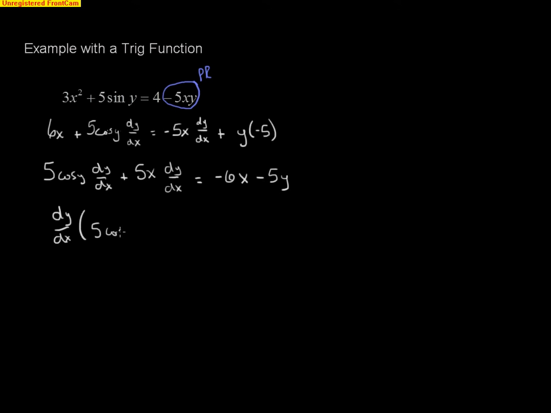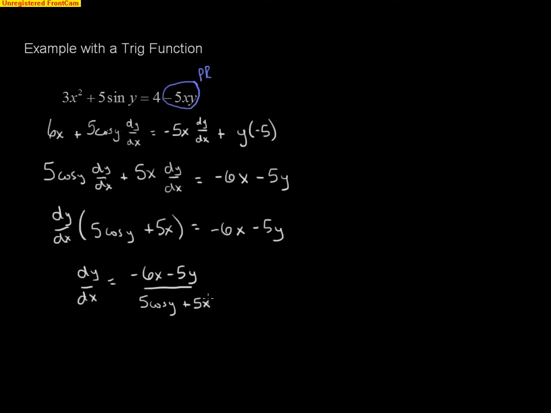Got 5 cosine y plus 5x equals negative 6x minus 5y. dy/dx is equal to negative 6x minus 5y all over 5 cosine y plus 5x. So there's your derivative there that has a trig function and a product rule in it.